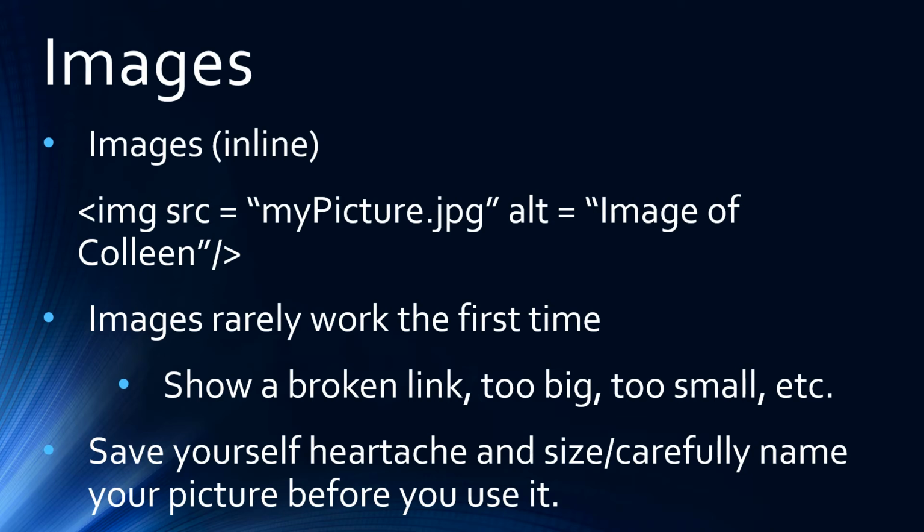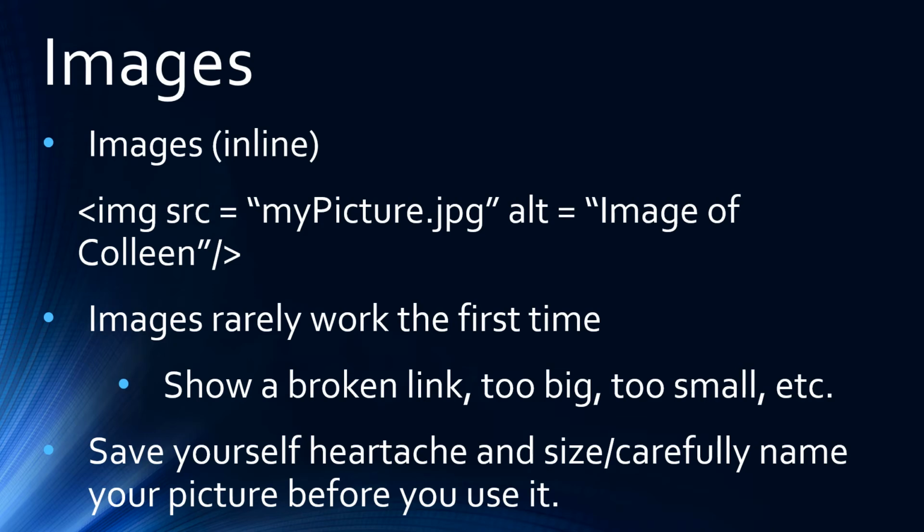So in this case, the source attribute indicates to the browser that the picture you want to show is called mypicture.jpg. Always notice that again, it's a name value pair. So the name of the attribute, src, and the value always goes in double quotes. And in this case it is mypicture.jpg.